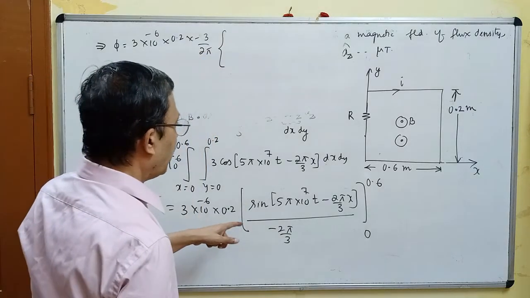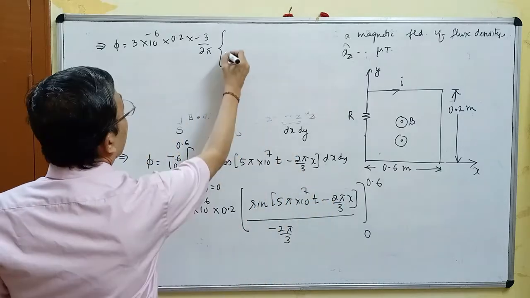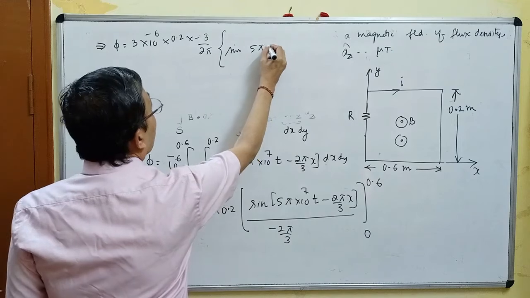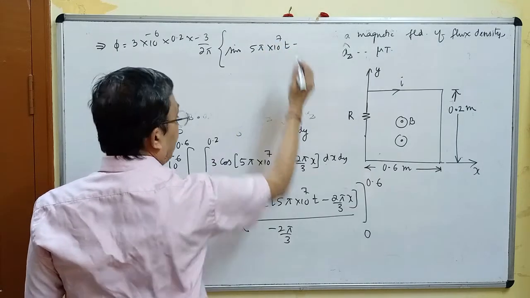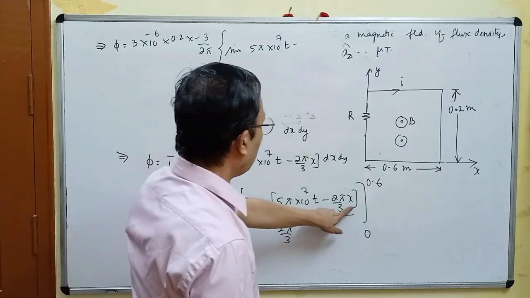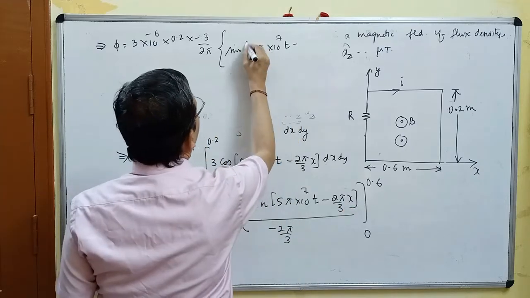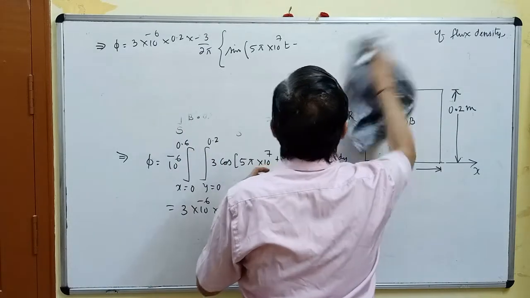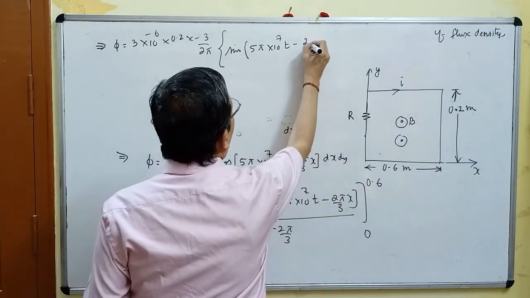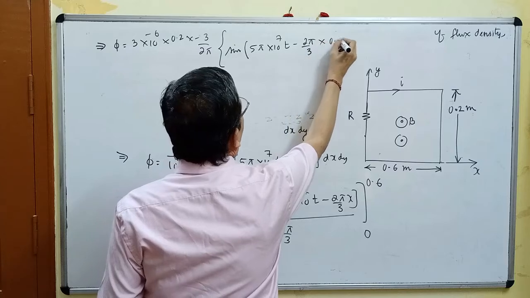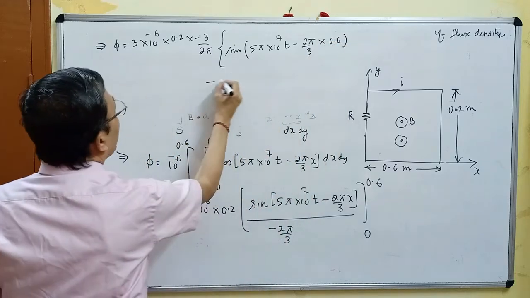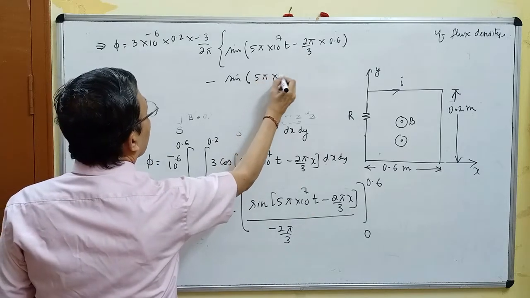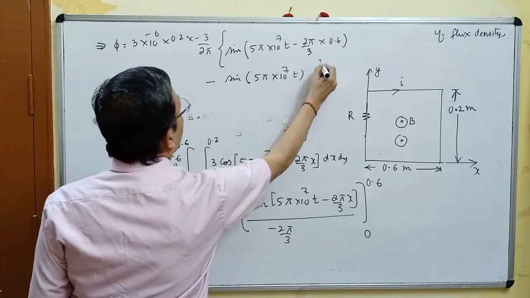I'll put the upper limit now, upper limit for x. So I get sine (5 pi into 10 to the power 7 into t minus 2 pi by 3 into 0.6) when you put x is equal to 0.6, minus sine (5 pi into 10 to the power 7 into t) when you put x equal to 0.